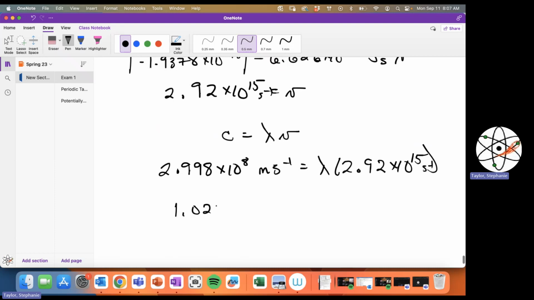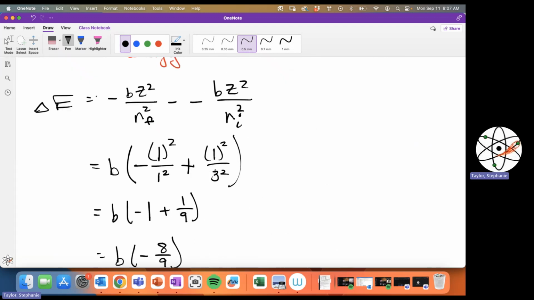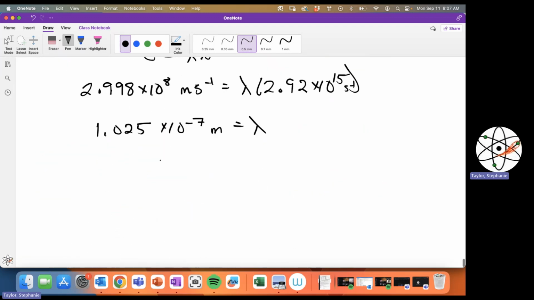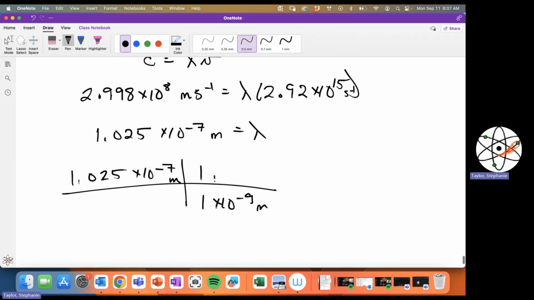I get 1.025 times 10 to the negative 7th, and that's going to be in meters. So therefore, I want this in nanometers. So 1.025 times 10 to the negative 7th, and there's 1 times 10 to the negative 9 meters in 1 nanometer, which gets me 102.5 nanometers.